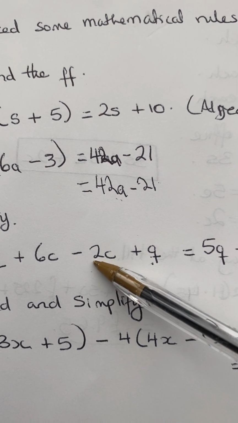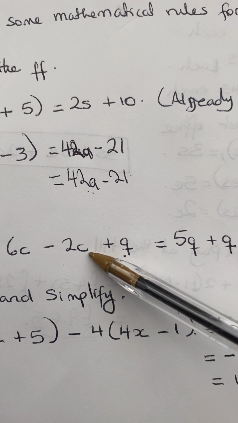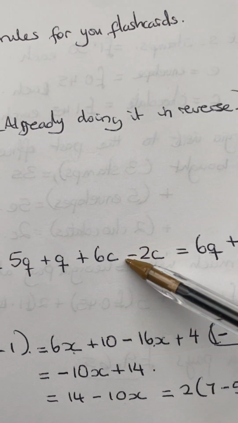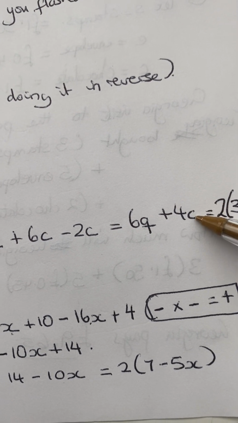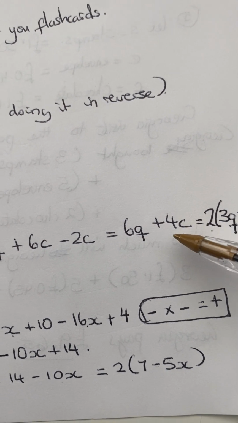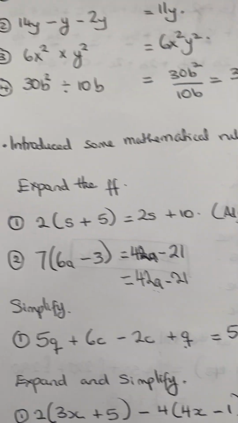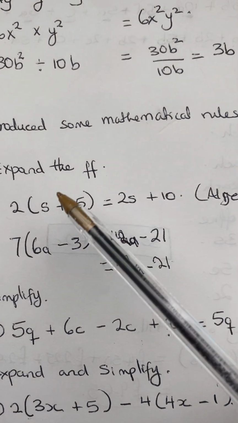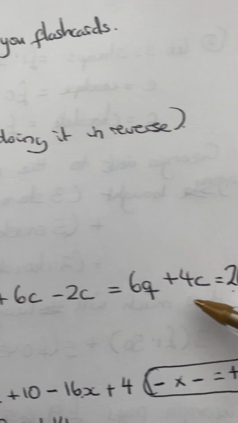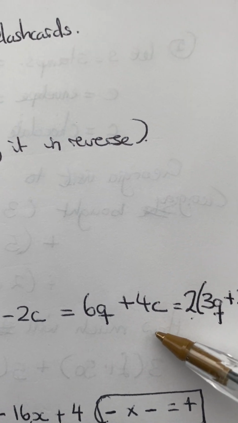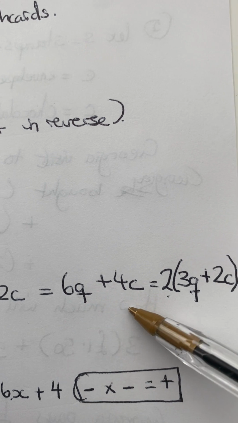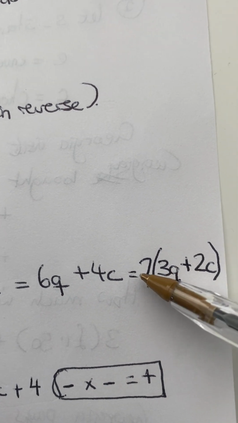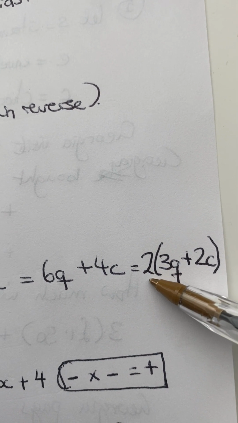6C minus 2C is 4C. Now again, what we did here, expand, now we are doing it in reverse. So 6 and 4, you have a common factor of 2.